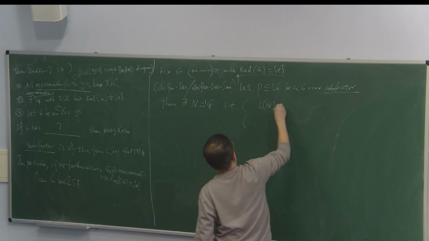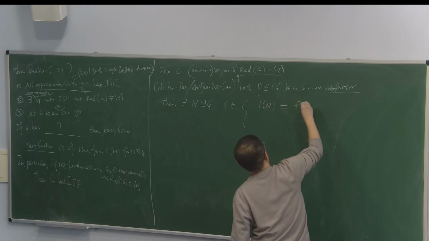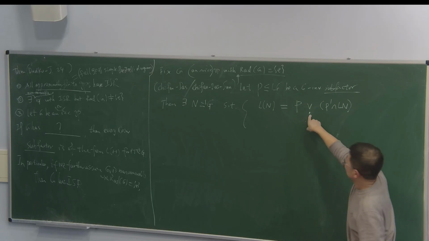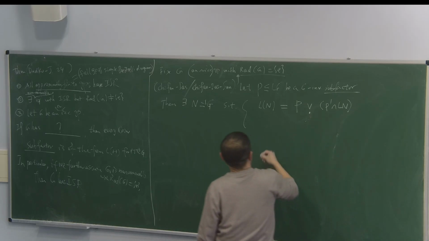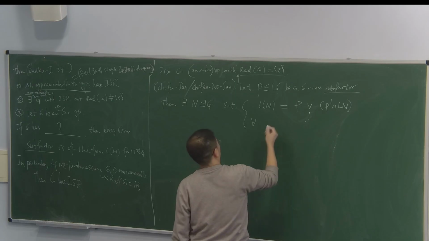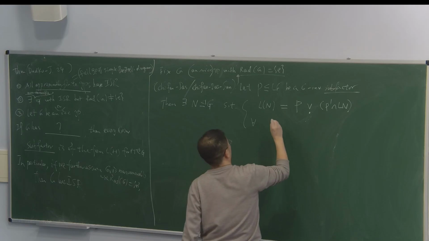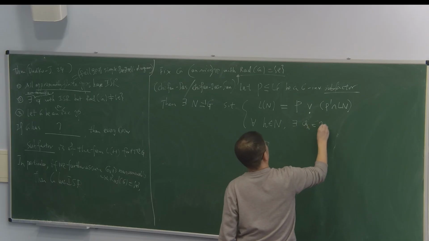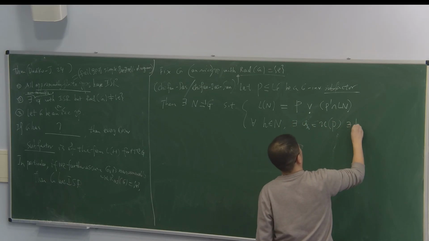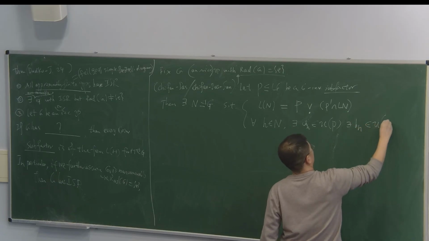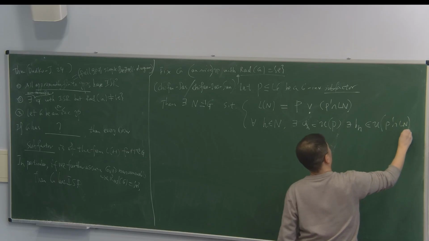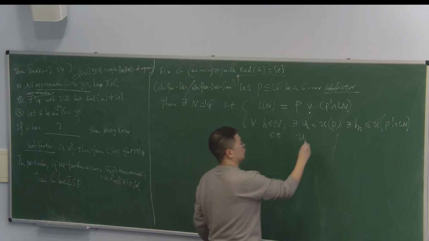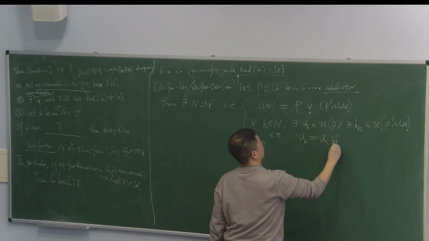LN, as the von Neumann subalgebra, is generated by P and its relative commutant inside LG. This is the von Neumann algebra generated by these two copies. Moreover, for any h in N, you can find some unitary a_h in P and also a unitary b_h in the second copy here, such that u_h, this is what I wrote for h in general, is a_h times b_h.